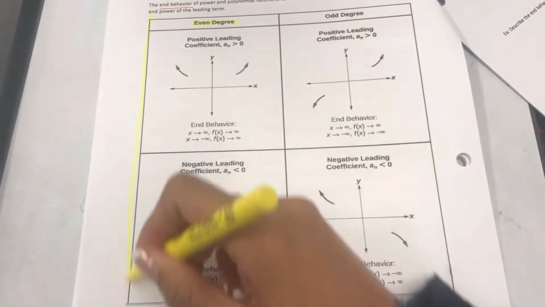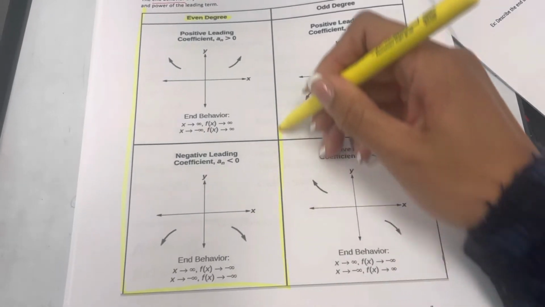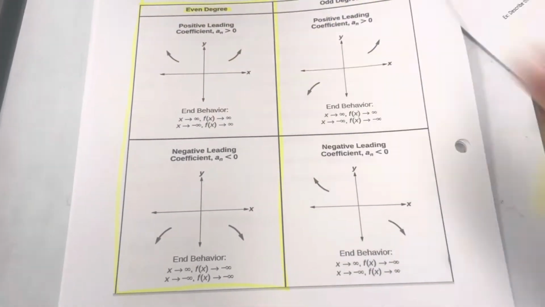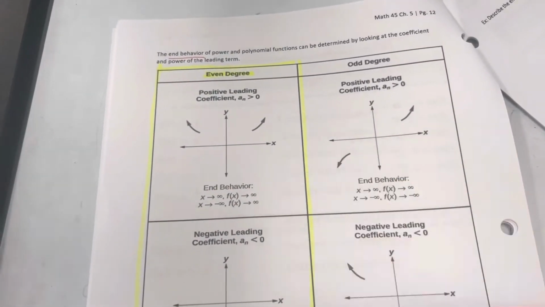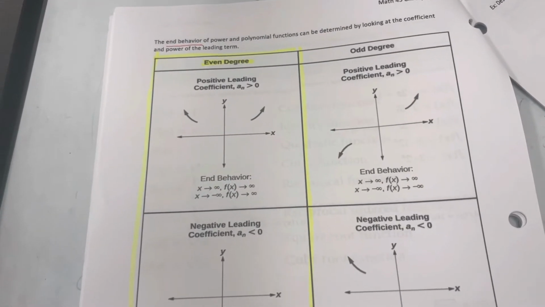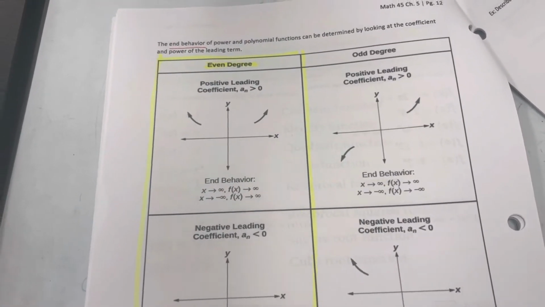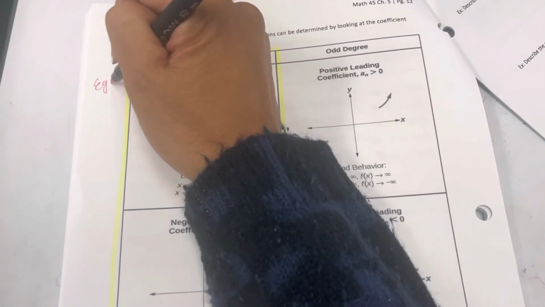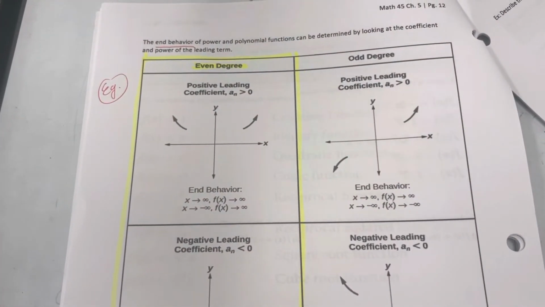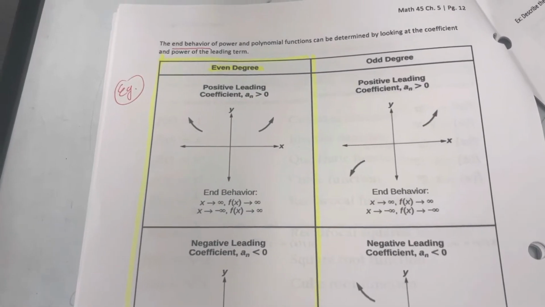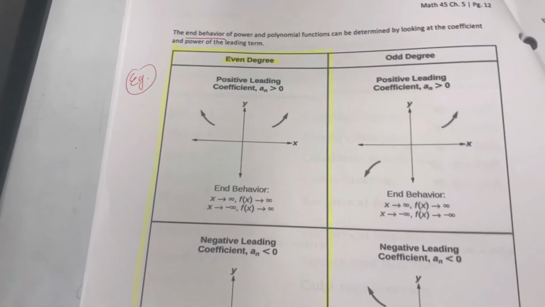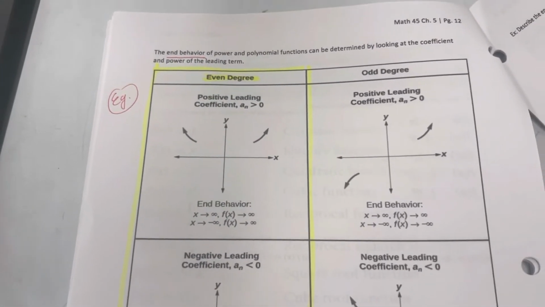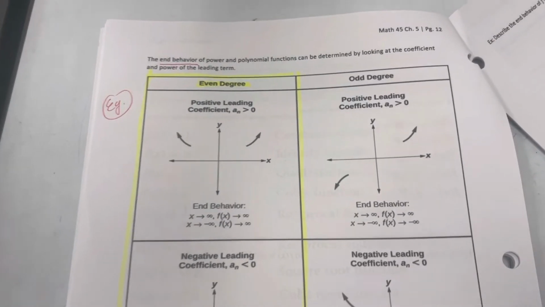So here is what happens if you have an even degree.